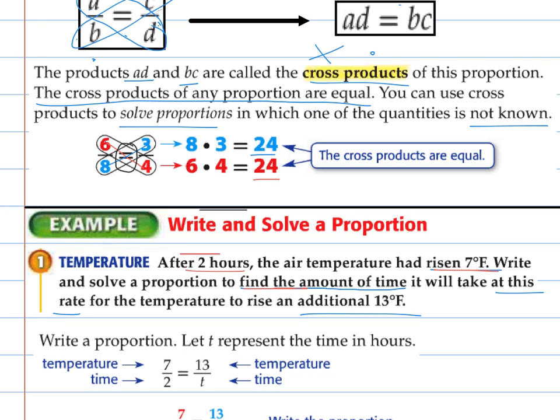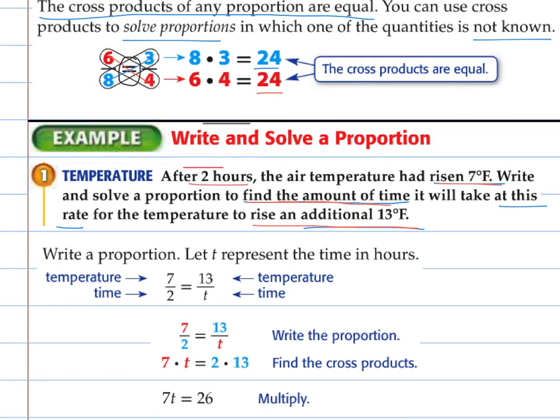We're looking for the amount of time to rise 13. So to write a proportion, we're comparing temperature to time. Time per temperature doesn't make sense. Temperature per time. So we know that it was 7 degrees in 2 hours. So how much time, replace it with the variable t, to go 13 degrees.